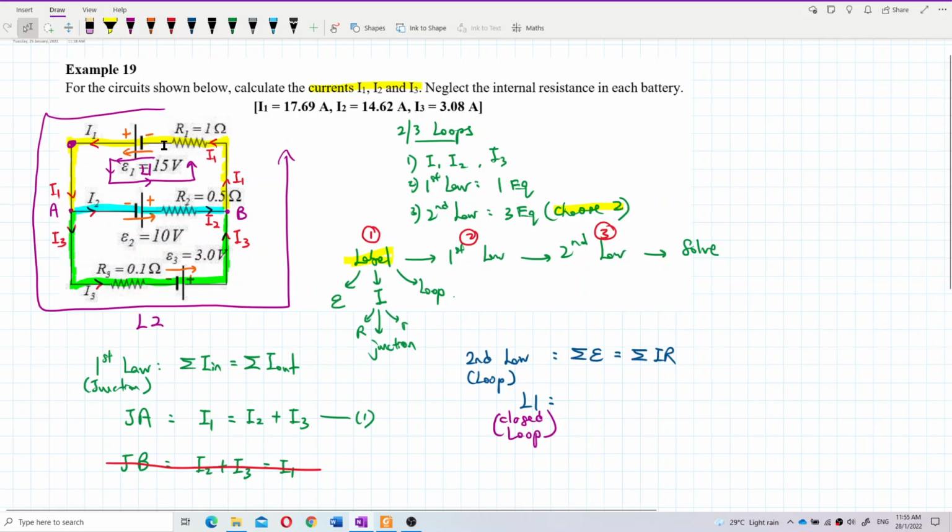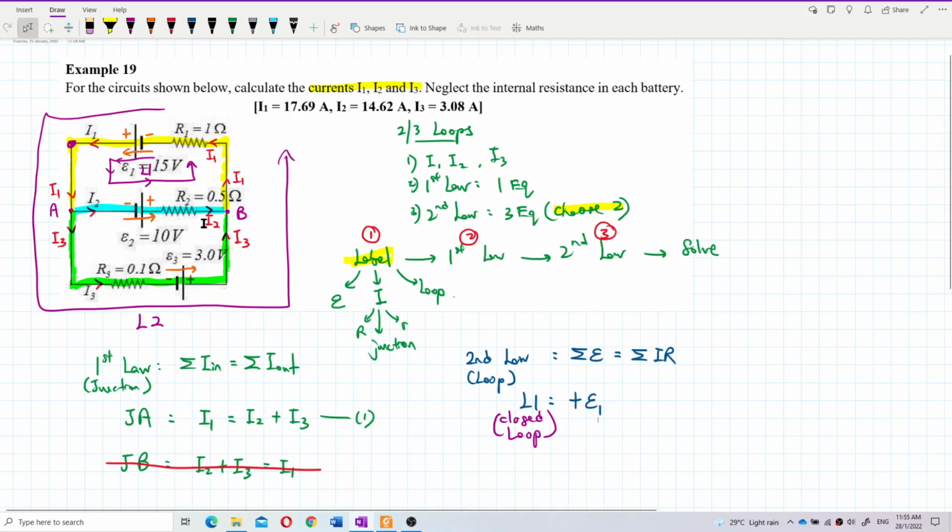E1 is negative to positive to the left, and the loop at the top here is going from right to left. The EMF direction is also to the left, same direction. So this E1 is positive. Actually, the positive sign you don't need to write, but I purposely put positive here for clearer explanation.